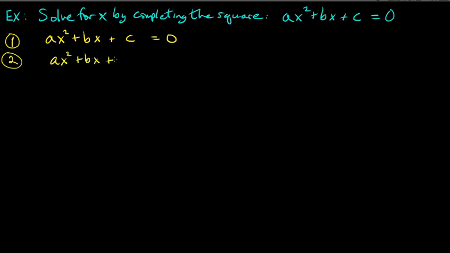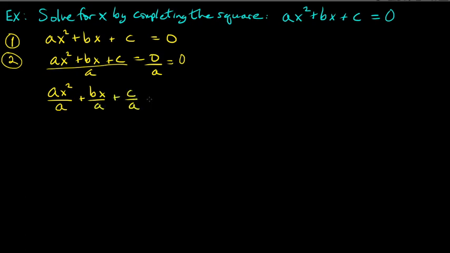Divide both sides: all of this divided by a, and 0 divided by a. Well, 0 divided by a is still 0, so that doesn't change. However, on the left, we have to split this up. We're going to do ax squared divided by a plus bx divided by a plus c divided by a, and that's still equal to 0.